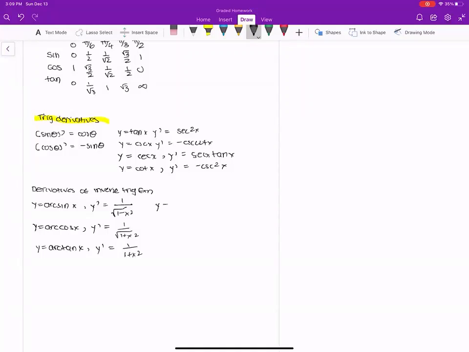Now for arc cosecant x, y prime equals 1 over x times the square root of x squared subtract 1.